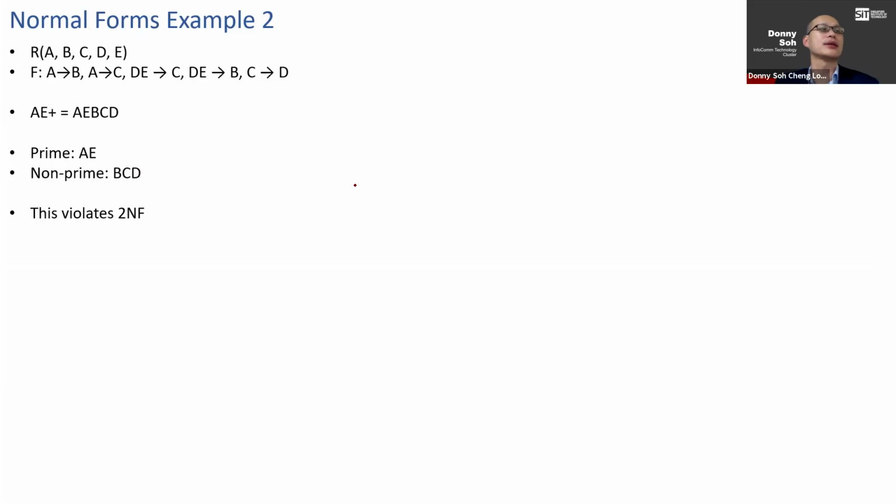So let's look at one example. A, B, C, D, E. A implies B, A implies C, D, E implies C. The first thing we want to do is find out the candidate key.